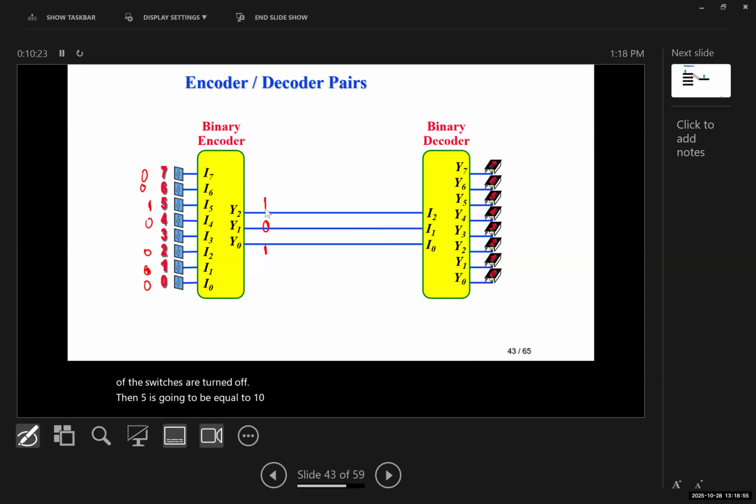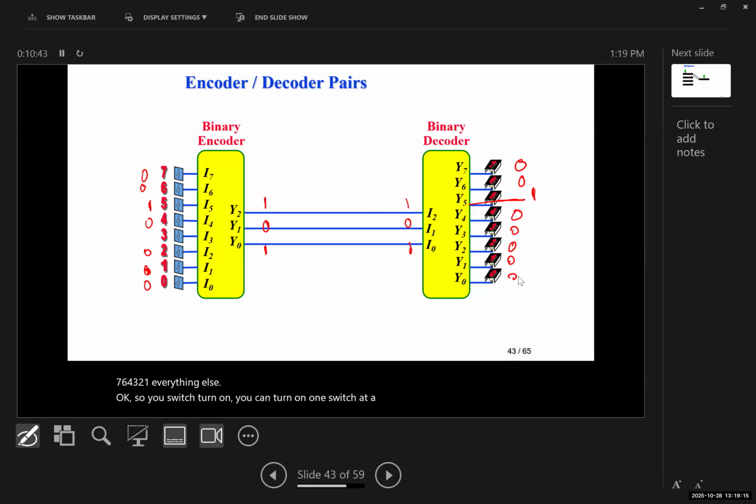Am I correct? Again, here 1, 0, 1 translates to 5 being turned on and the rest, 7, 6, 4, 3, 2, 1, everything else, being turned off. Okay. So you can turn on one switch at a time.